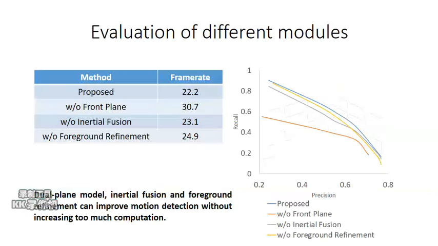First, we evaluate different modules in our structure. The accuracy is measured by precision recall curve. The experimental results show that the dual plane model, inertial fusion, and foreground refinement can improve the motion detection without increasing too much computation.